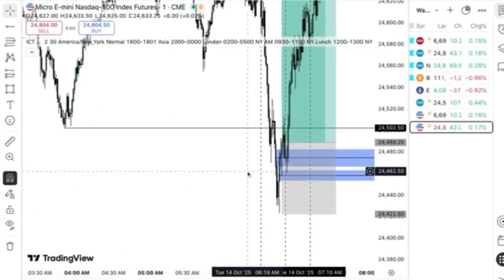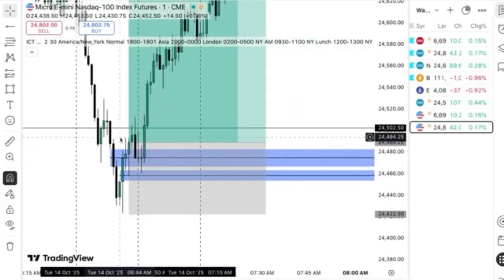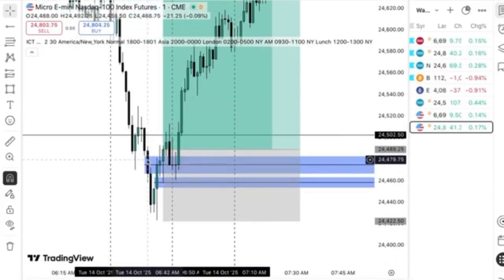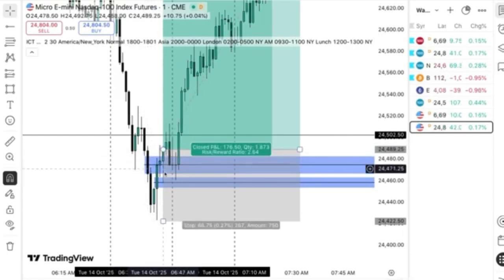And then we have a reversal right here. We inverted a fair value gap. The same candle that inverted the fair value gap came into the middle of this fair value gap right here. So basically, my break of structure is an inverted fair value gap, which is this right here, getting inverted. So that's why I entered right there.